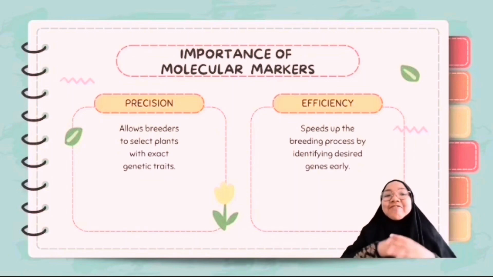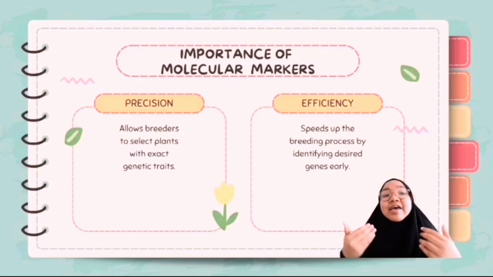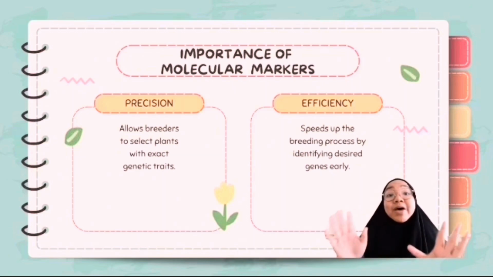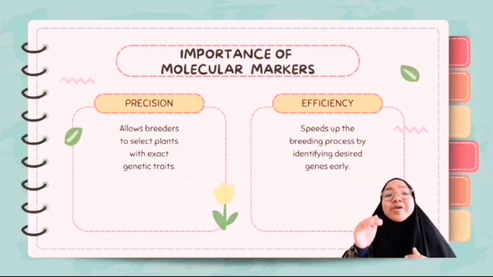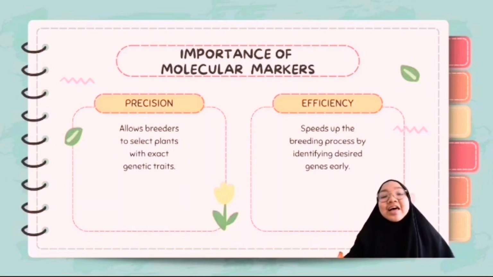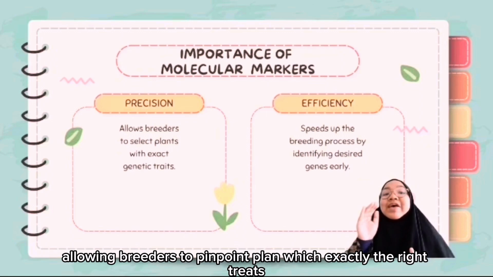Let's dive into the fascinating world of molecular markers and their incredible impact on plant breeding. This tiny genetic tool brings amazing precision to the process, allowing breeders to pinpoint plants with exactly the right traits.